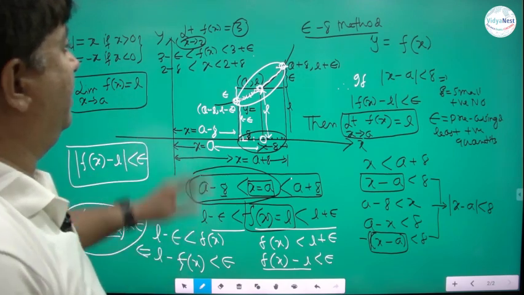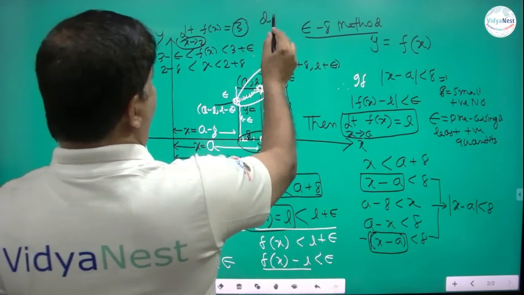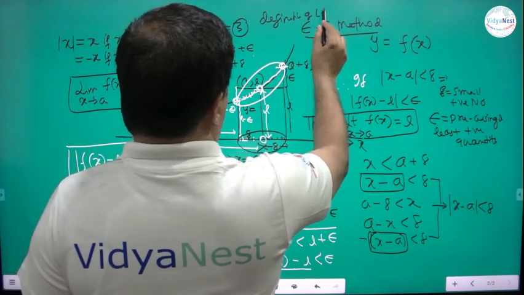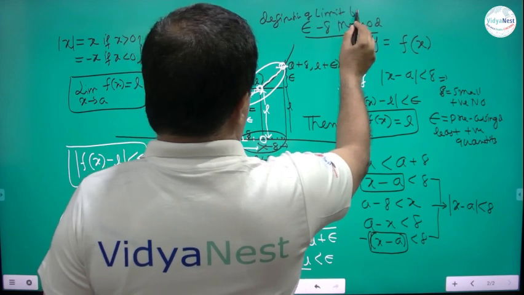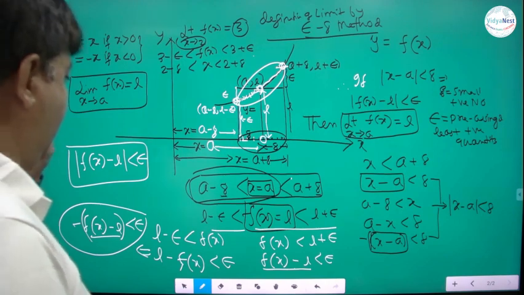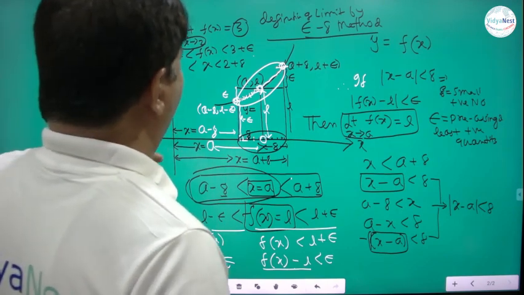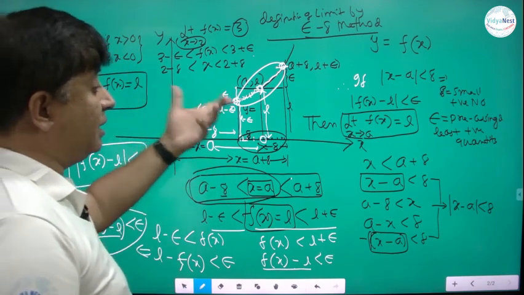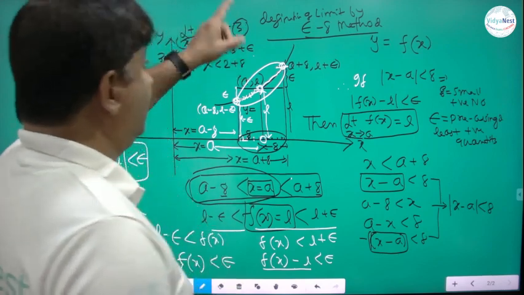So that is the definition of the limit by the epsilon delta method. Now we can work out one sum of limit using this definition.